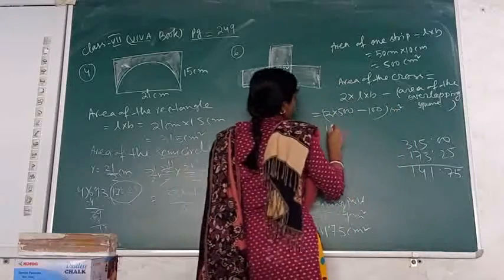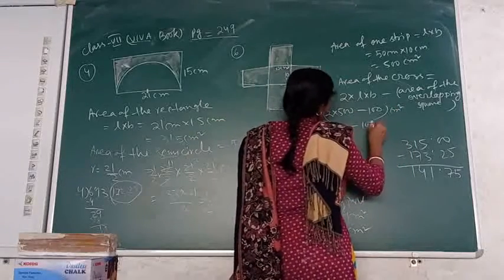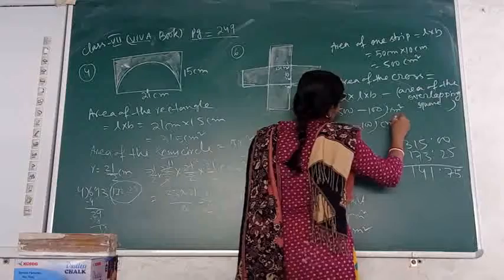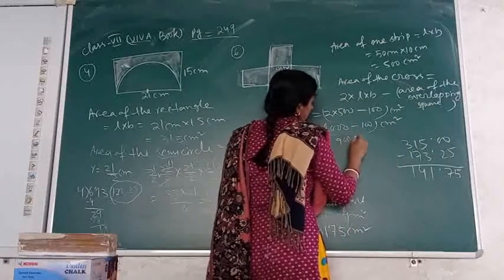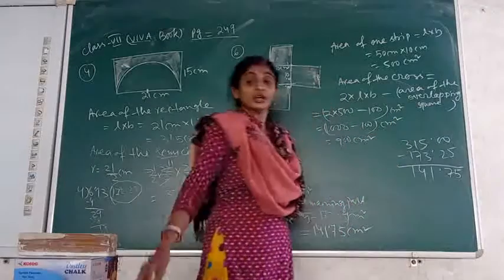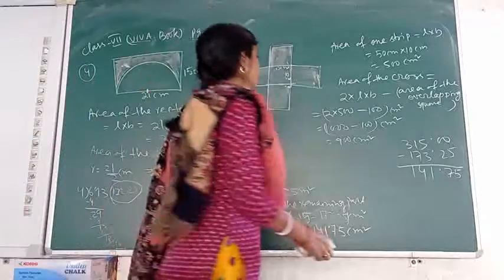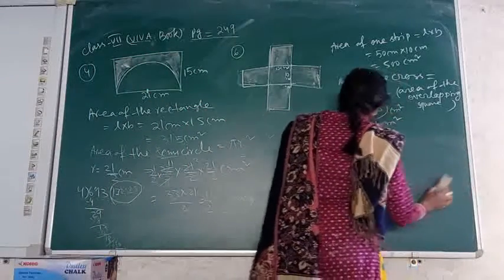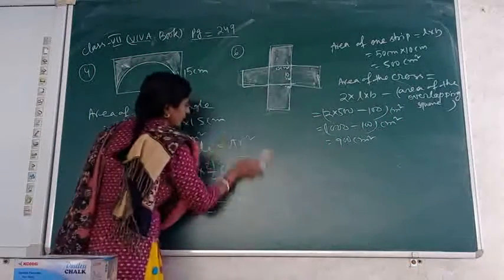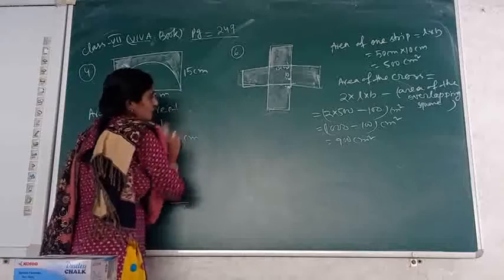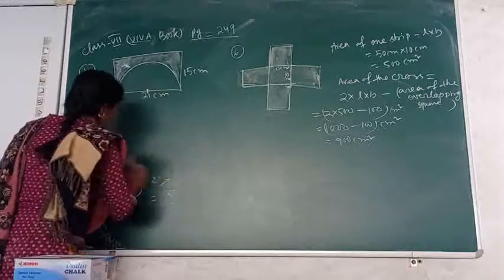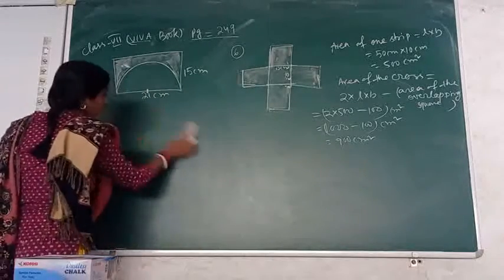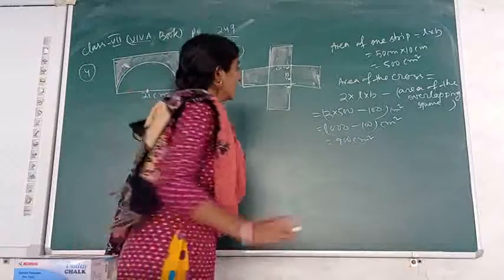Now what are you getting? 1000 minus 100 centimeter square equals what? 900 centimeter square. This is the one surface, one side. But in this question you have been asked to paint it on both sides. So what will we do here? Here we can go for multiplying this number, that is the surface area, by 2.